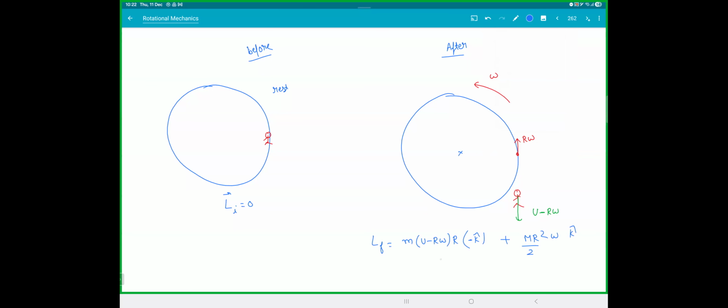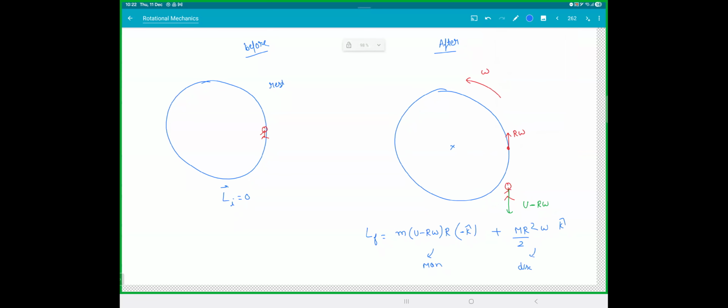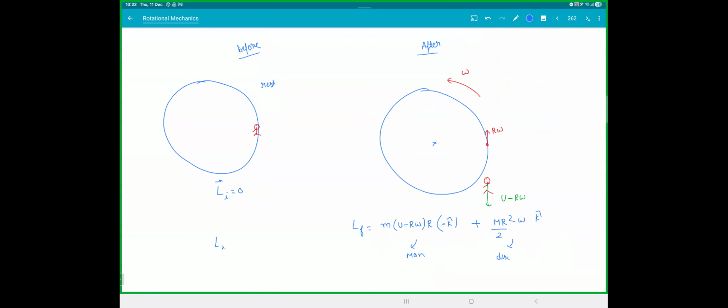This is for the man, and that is for the disk. Since angular momentum is conserved, L initial is equal to L final. You solve this, you end up with muR is equal to mR square plus MR square by 2, times omega. You get a similar answer.